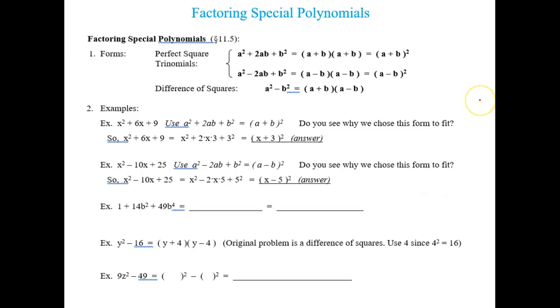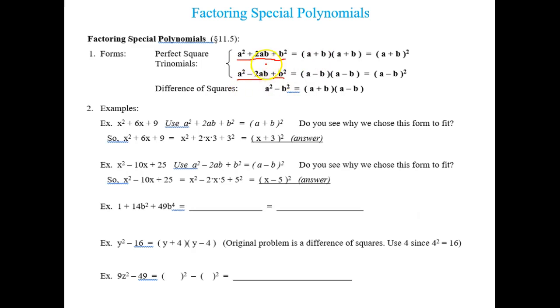All right, so the next thing in the factoring area is special forms. These are special polynomials and how they factor. Now, in the first case, you have what's called perfect square trinomials. There's the one where it's all positive, or there's one where you have a negative middle term.